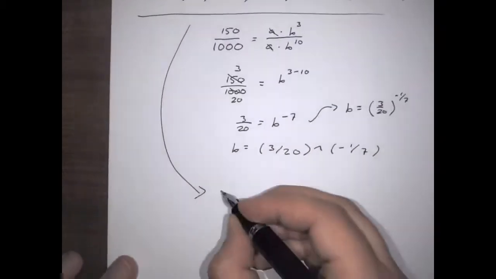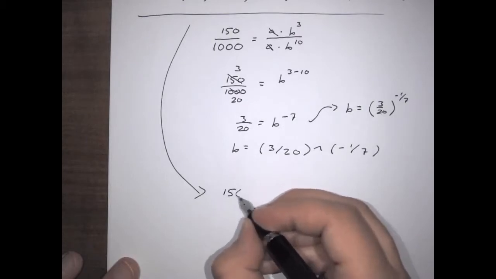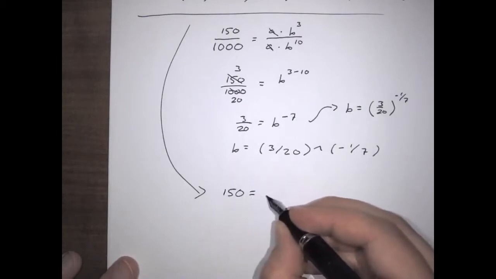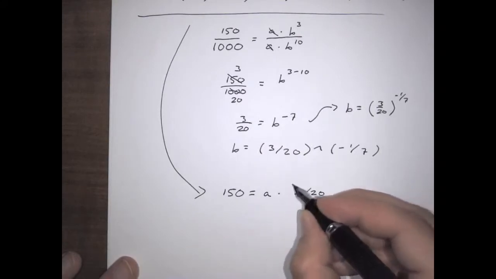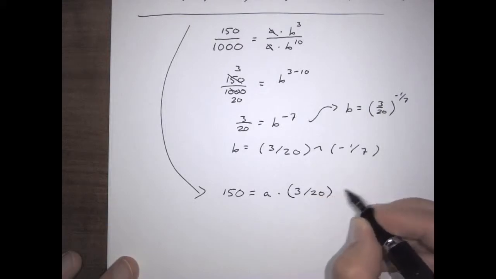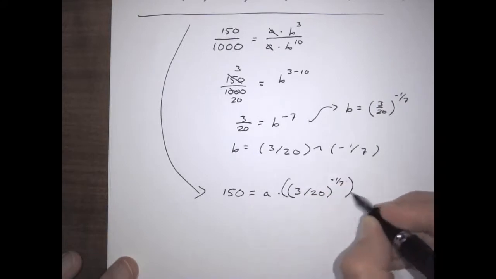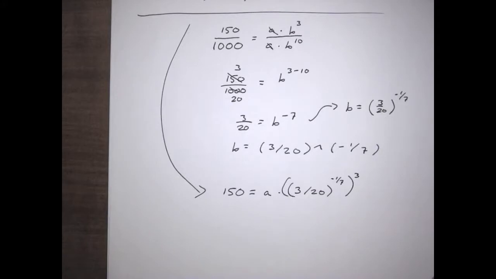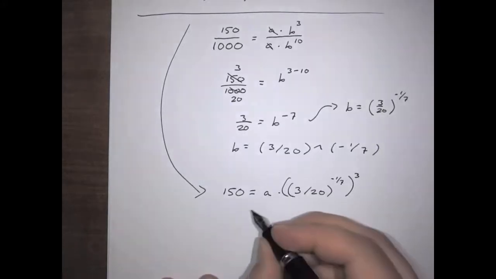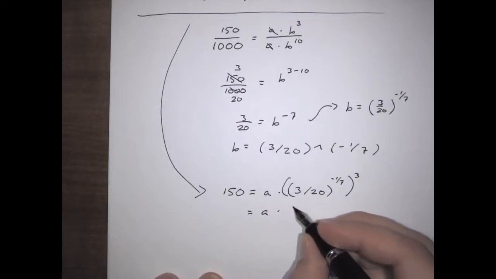So now to find the A, you take one of the 2 points and you plug it in. 150 is equal to mystery A times the not so mysterious B. And again, this is a very messy way of writing it, but no harm in that, as long as you have a method that works.